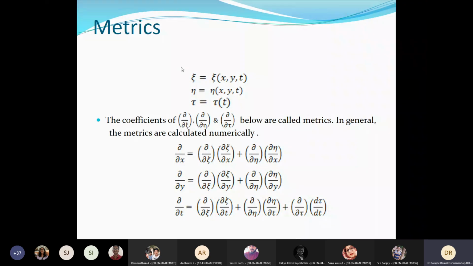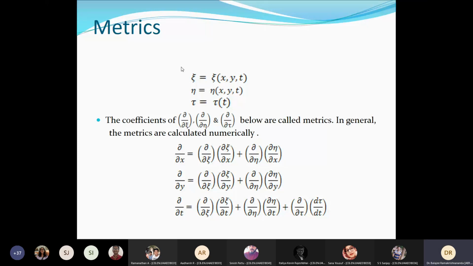In case we are going to adaptive grids, then we will need this tau variable. Right now, we consider a very general term. We say we are considering adaptive grids also for this problem. So simply we put tau equal to t, although we can have other transformations for t also.